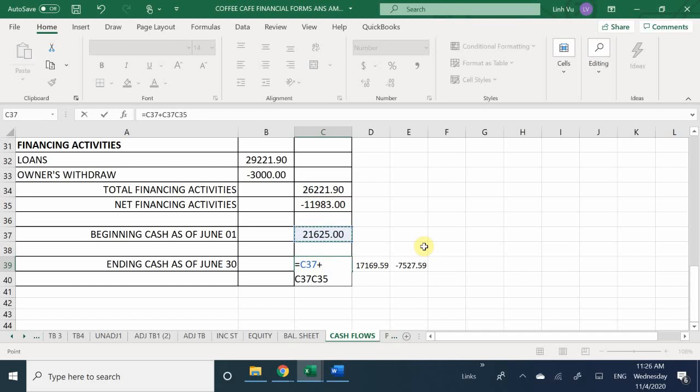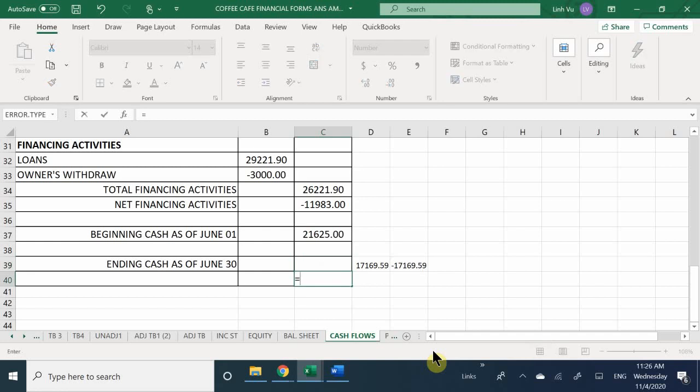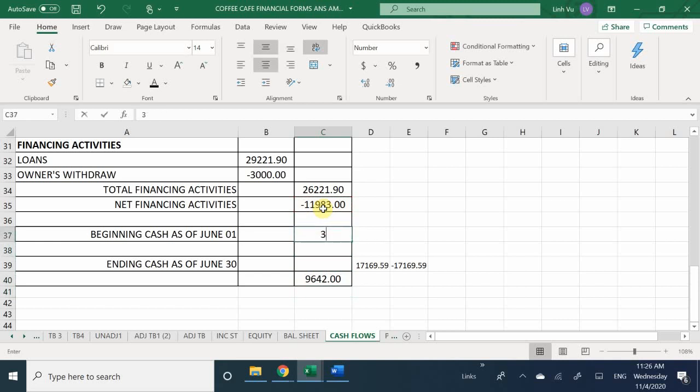I just messed up my formula because of 9642. No, it's only supposed to be this number plus this.